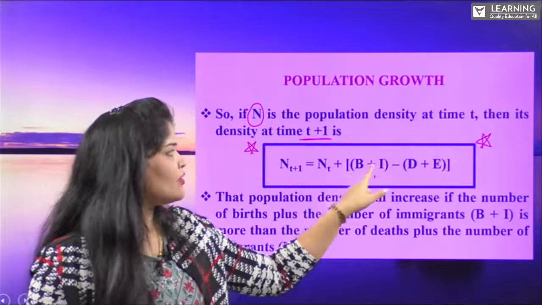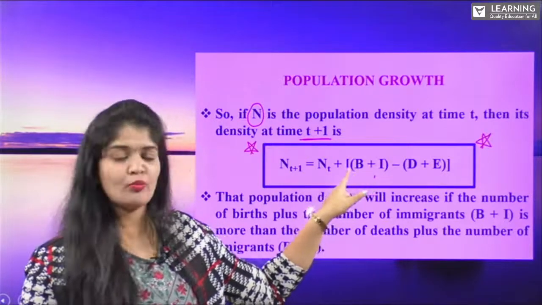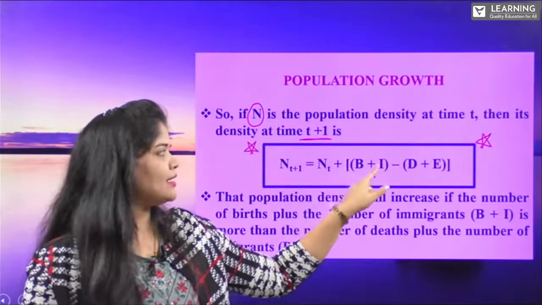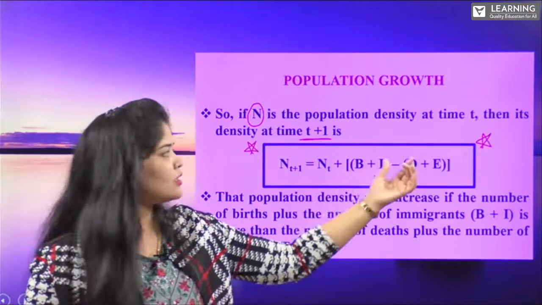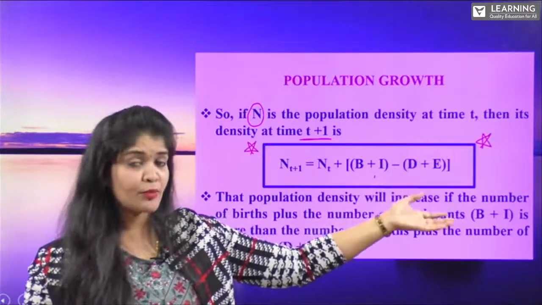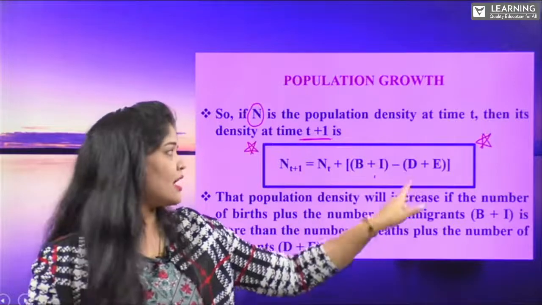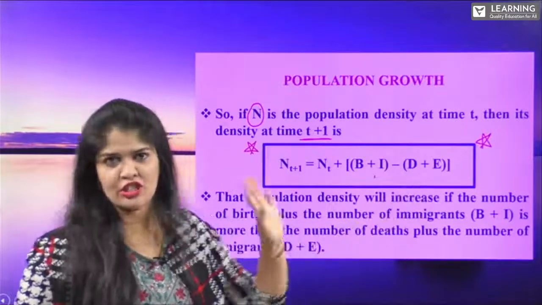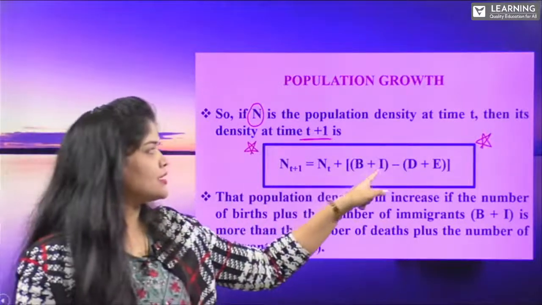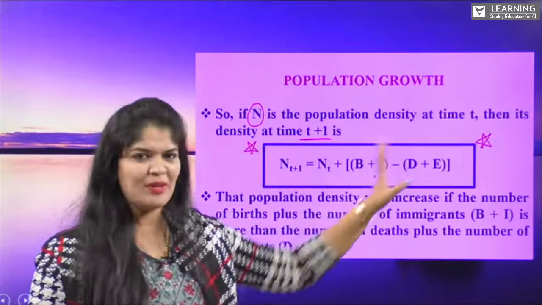And here we have added two processes. What are they? Natality and immigration, and subtracted the two processes which contribute to decrease the population density. They are mortality and emigration. So here this is immigration and this is emigration.